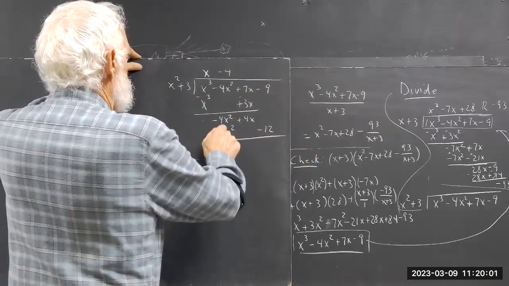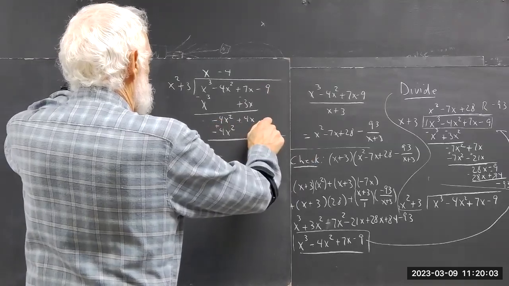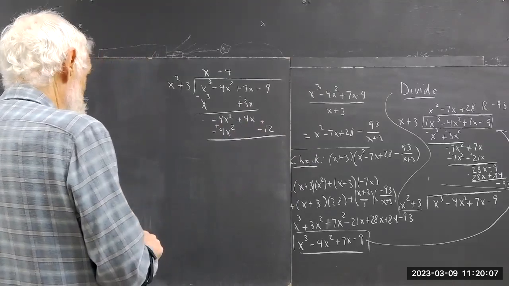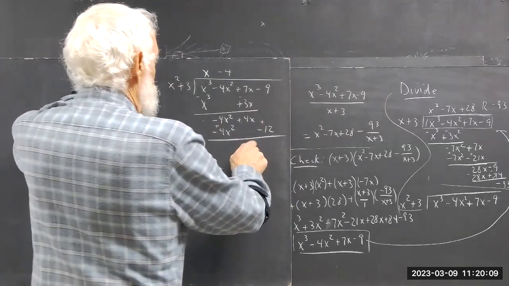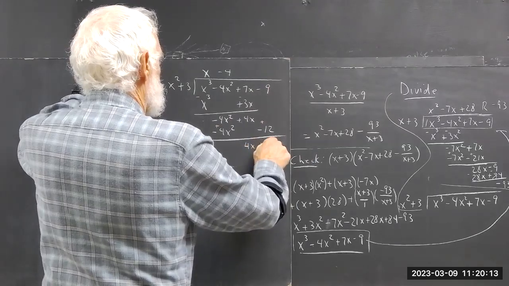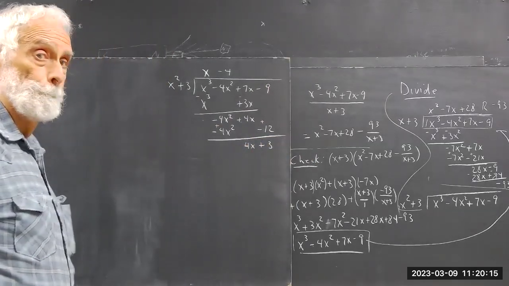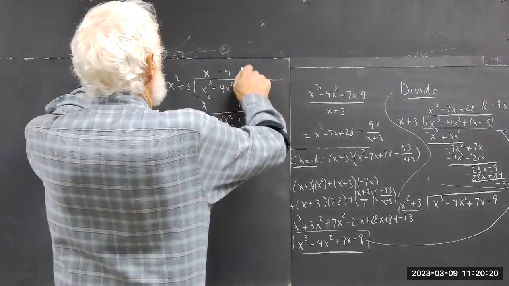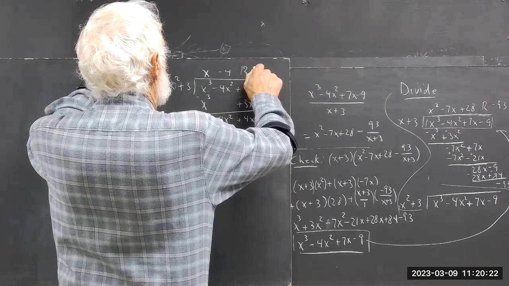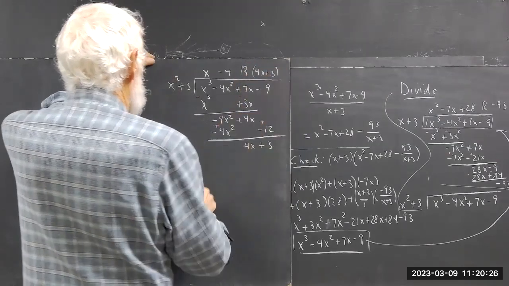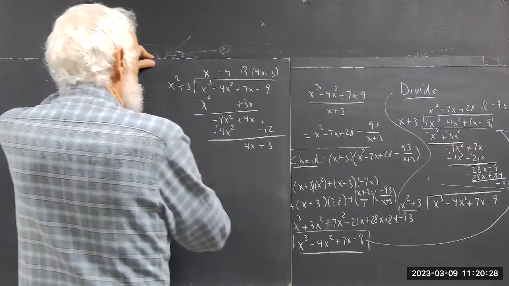Got to be careful, change our signs here, not change them, but indicate the real operation that we're going to do. And now we're going to have 4x here plus 3. So our remainder is 4x plus 3.